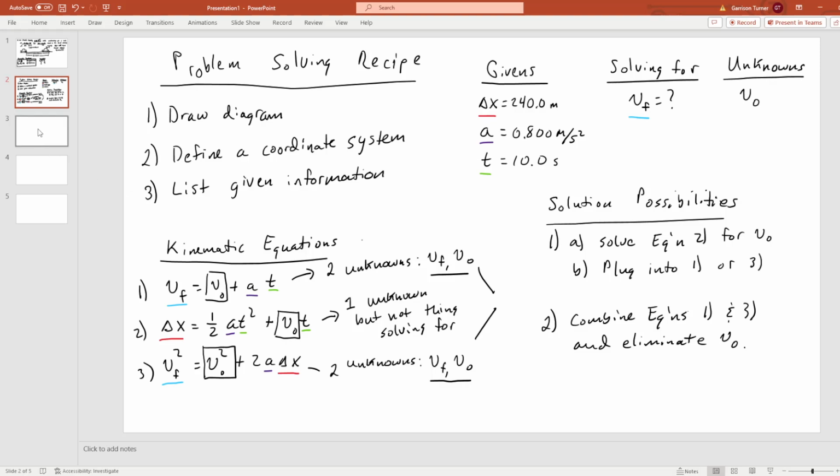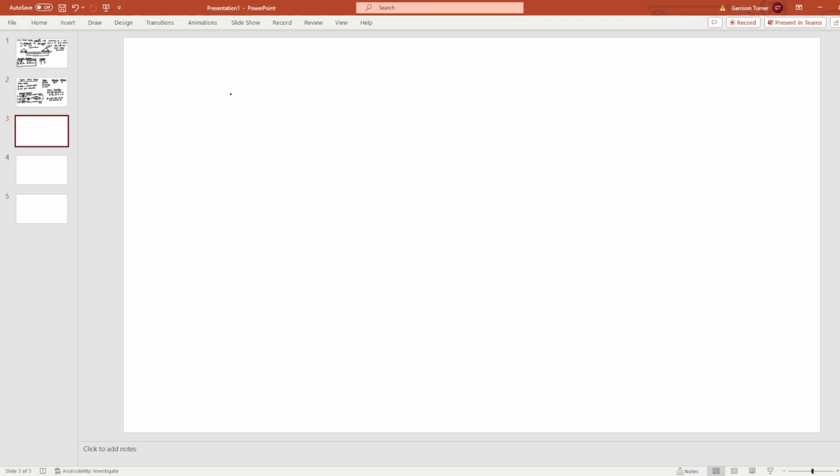So let's combine equations 1 and 3. So equation 1, it says VF equals V naught plus AT. And what I'm going to do is solve for V naught. And so V naught is just going to be subtracting the AT over to the other side. So VF minus AT.